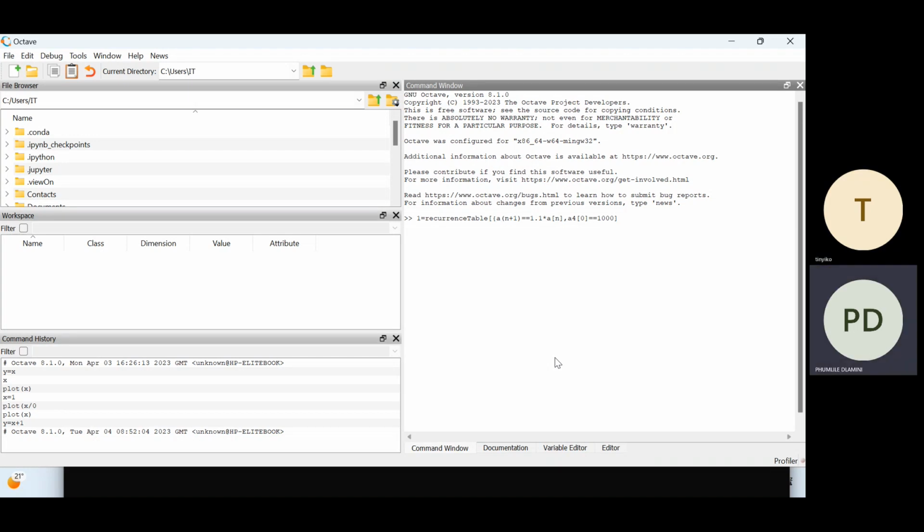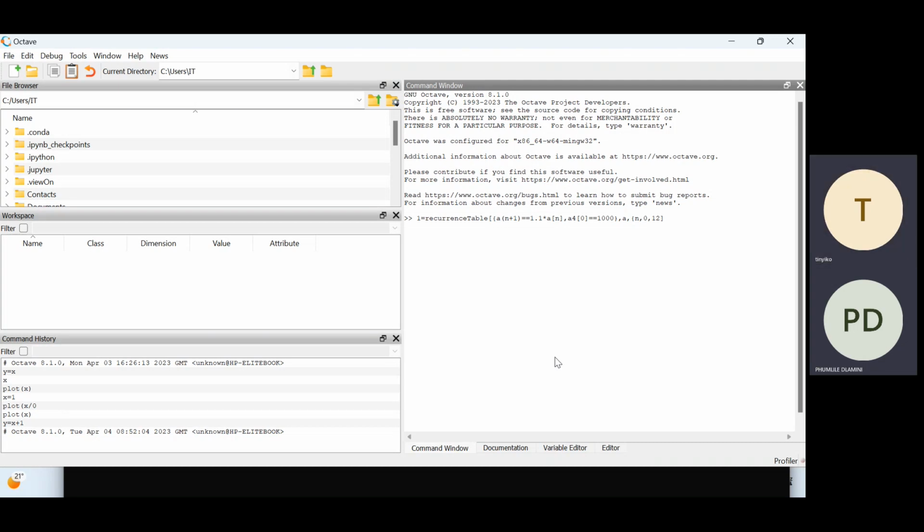I will put a brace, then a comma, then A and a comma again, and a brace again. Then we have n, comma, 0. A 0 means a starting point. We want to know maybe the first 12 months, so let's make it for 12 months.